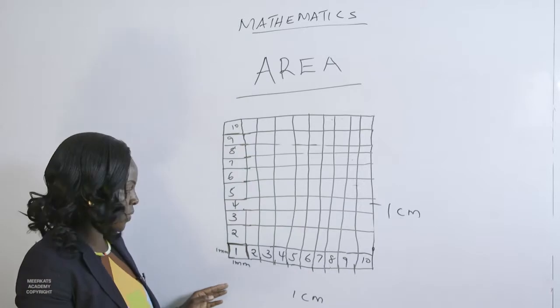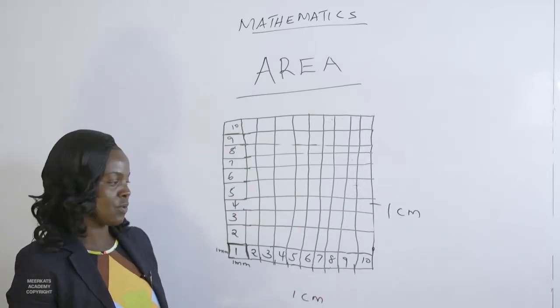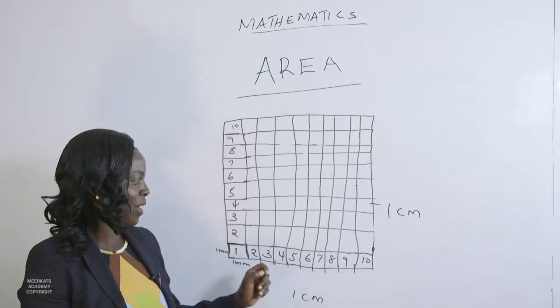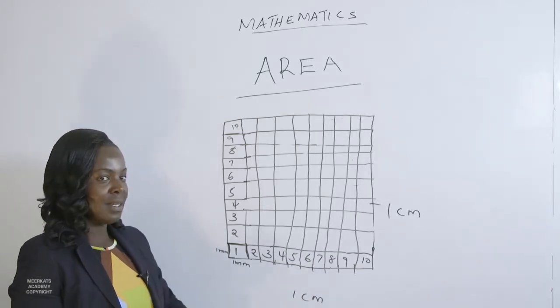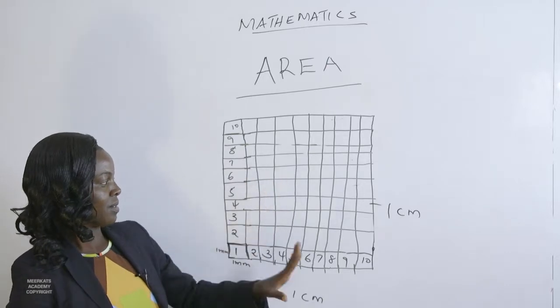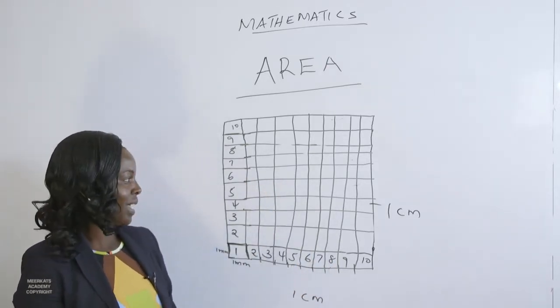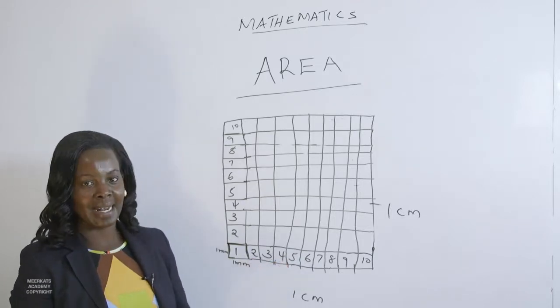If we also count on this side, we also have 10 small squares. Then, if we count all the squares inside 1 centimeter square, we will get 100 of them.